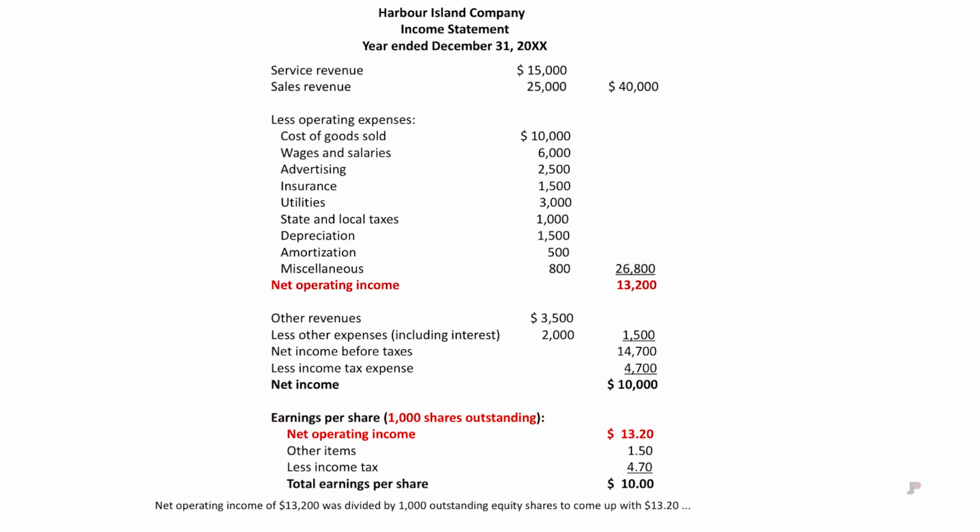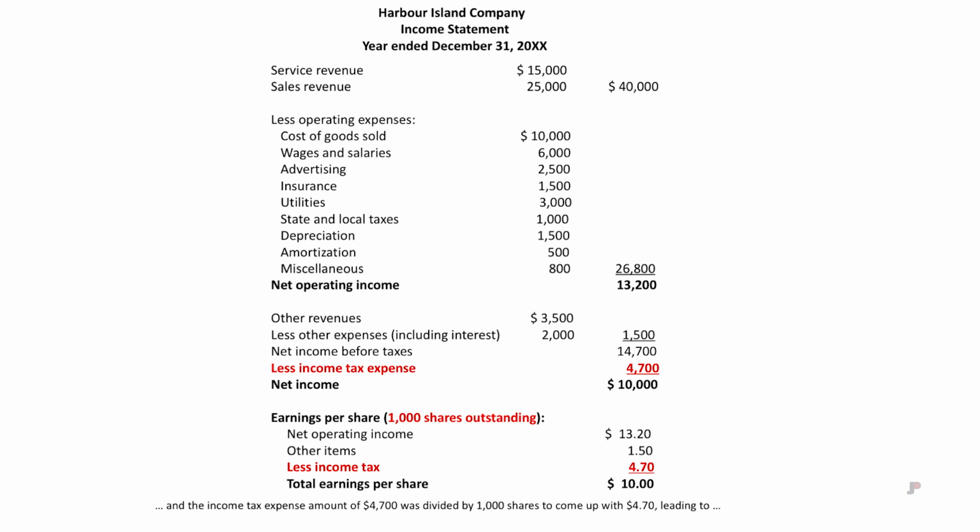Net operating income of $13,200 was divided by 1,000 outstanding equity shares to come up with $13.20. The net result of other revenues and expenses, $1,500, was also divided by 1,000 shares to come up with $1.50.